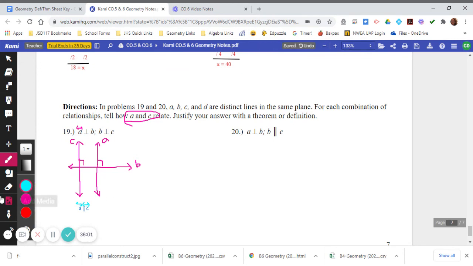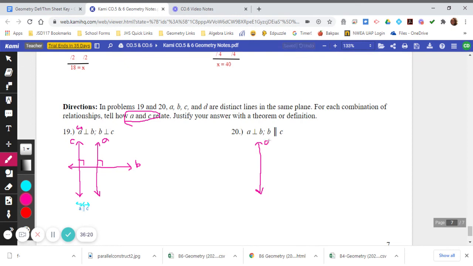So question number 20 says A and B are perpendicular again. So I'm going to draw A perpendicular. Ugh, let me try that A again.